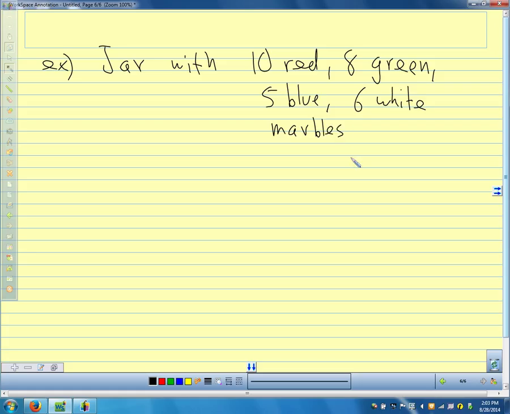We want to find the probability of not picking red. And I want to do this two ways. One way that involves a little more counting and one way that involves using the complement.